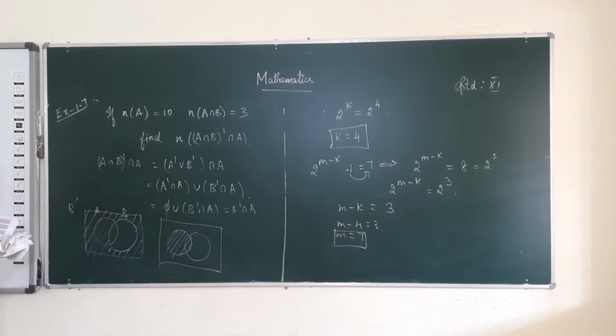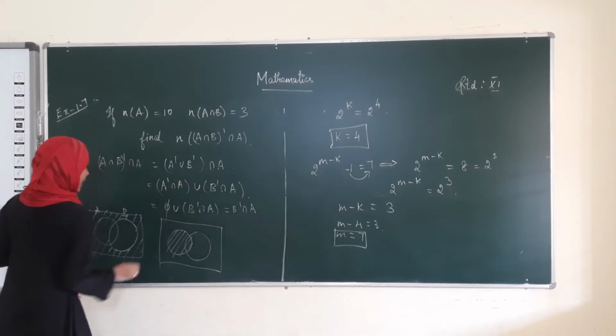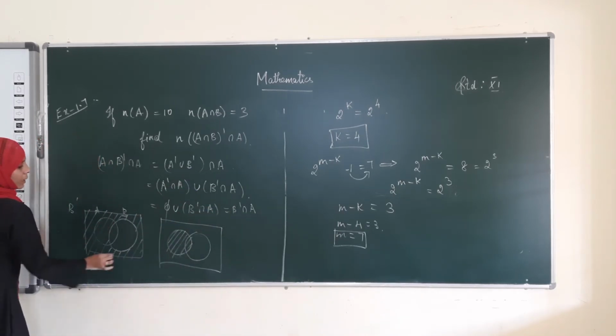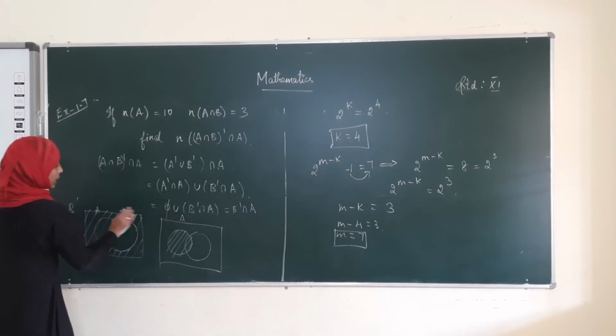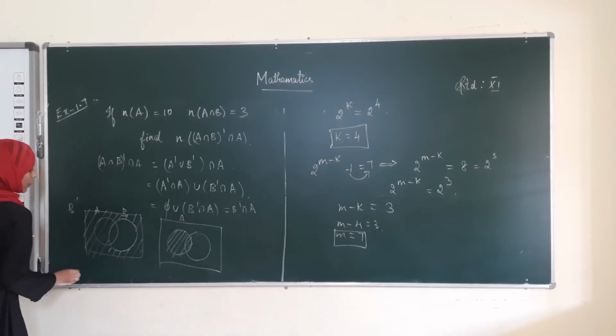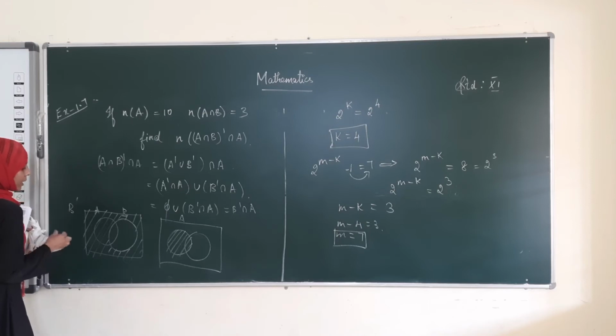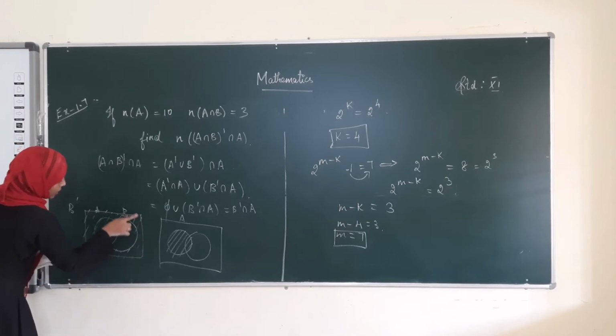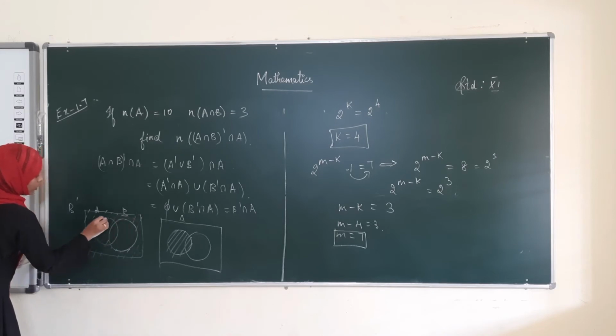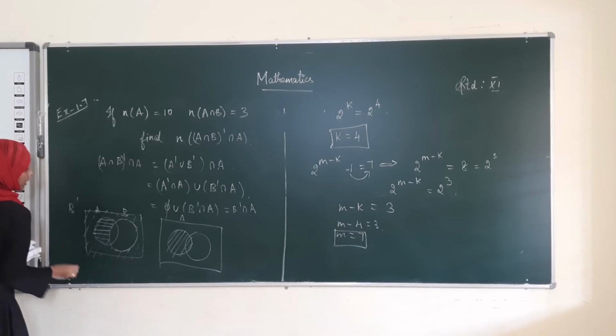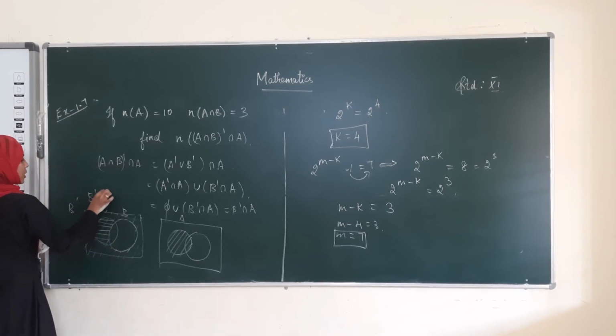This alone. B' intersection A means the common elements that have been shaded in both. What is the common element that has been shaded? This alone, that is B' intersection A.